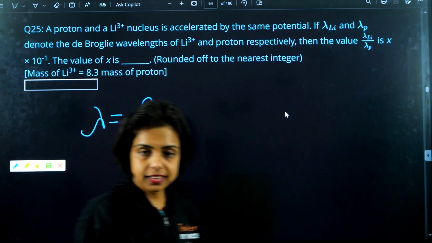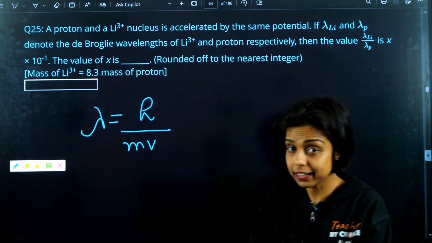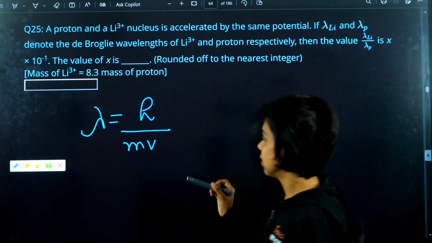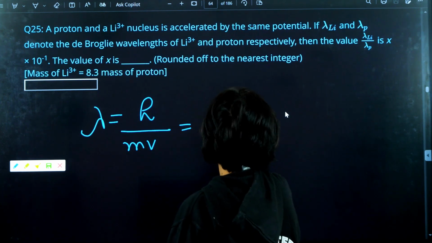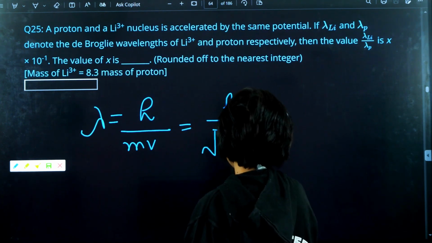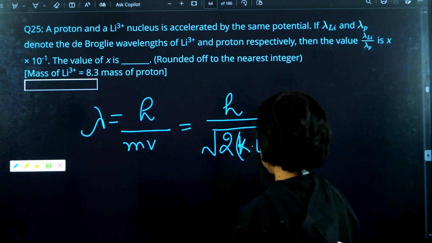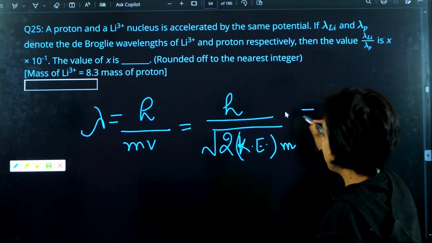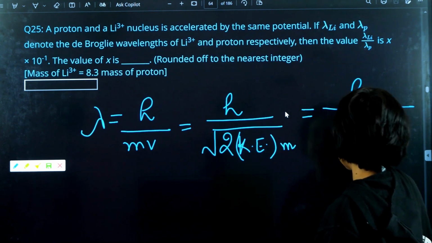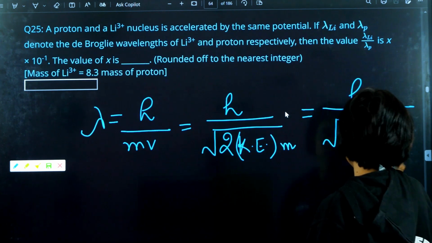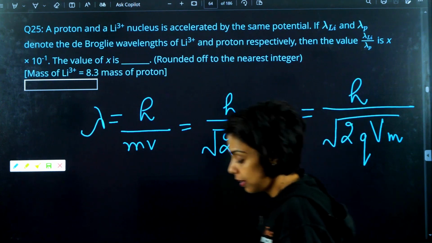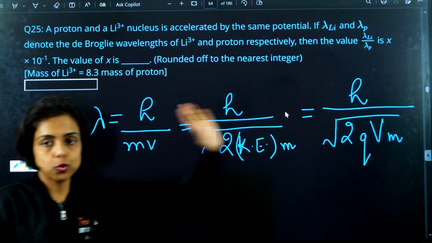And you can write this in terms of the kinetic energy also, right? Yes, kinetic energy. And if you have a charged particle Q accelerated through a potential difference of V volts, I can write kinetic energy is Q into V, right?